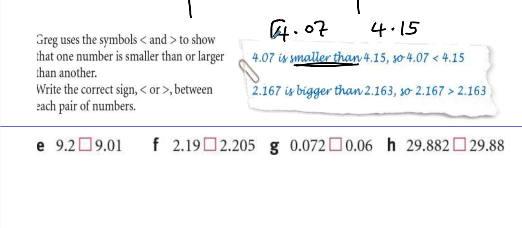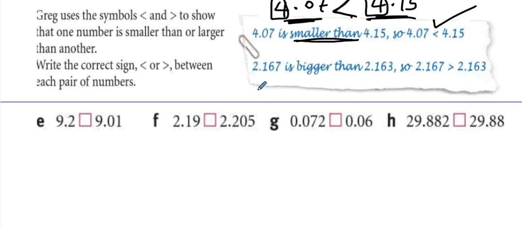See the first two numbers. The first number is the same in each case, 4, 4. So you can't tell which number is bigger than the other until you move to the next digit. 4.0, 4.1, it sounds like this number is smaller than this number. This number is smaller, that means you put that symbol. And it is done for you.